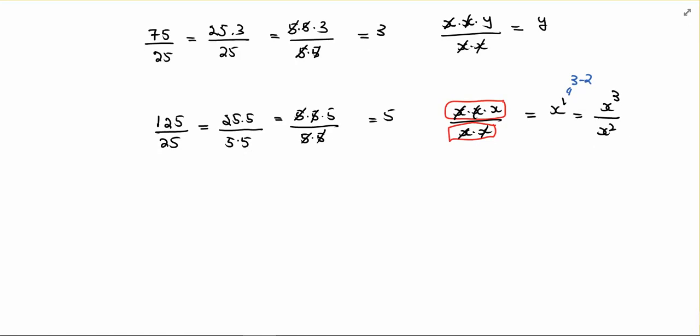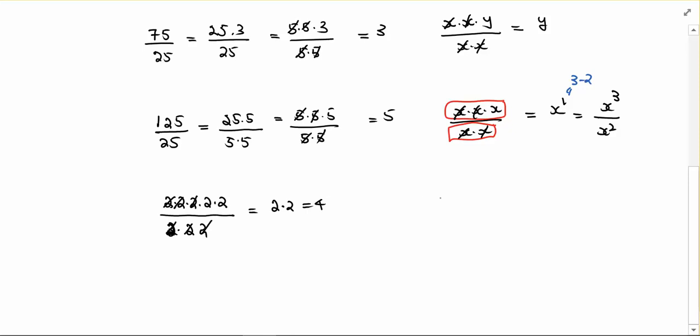Let's say we had 5 2s: 1, 2, 3, 4, 5. And then we had 3 2s. Well, that gives me 2 2s, or 4.